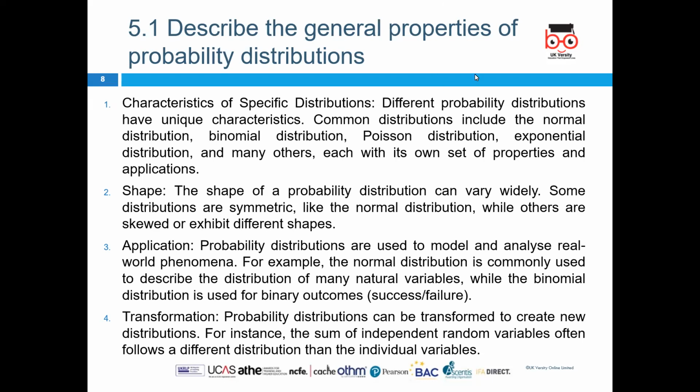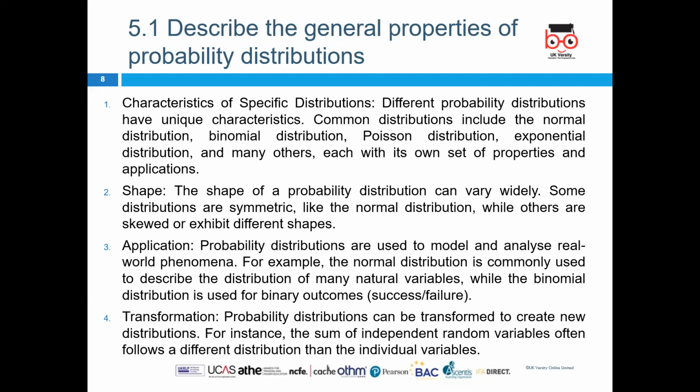So here we look into common distributions: normal distribution, binomial distribution, Poisson distribution, exponential distribution, and many others, each with its own set of properties and applications. So these are the different types of probability distributions. Then you have the shape. The shape of a probability distribution can vary widely. Some distributions may be symmetric, like the normal distribution, while others are skewed or exhibit different shapes.